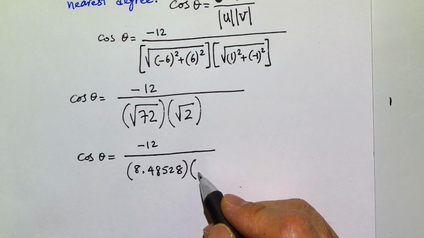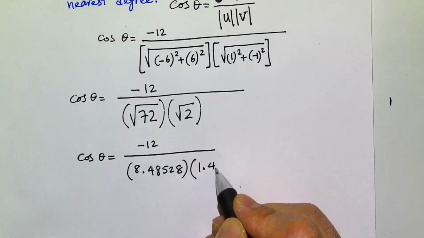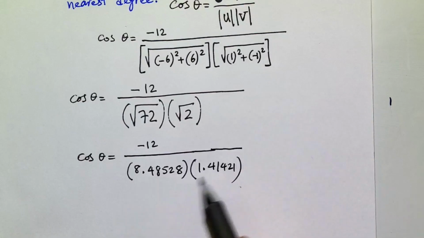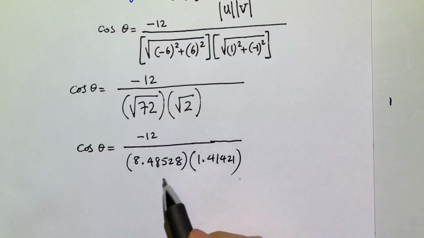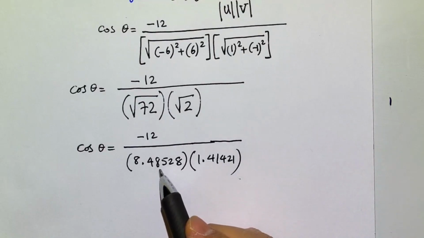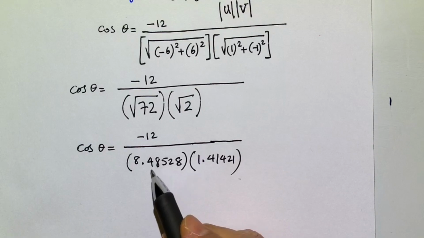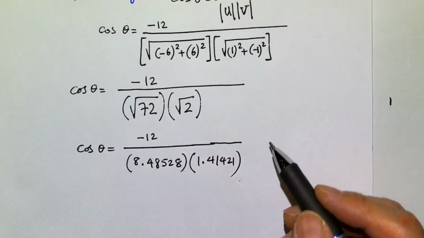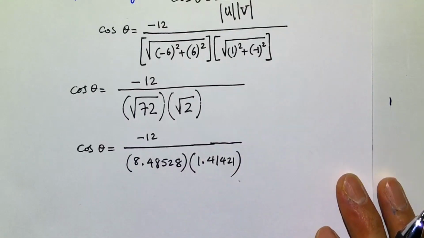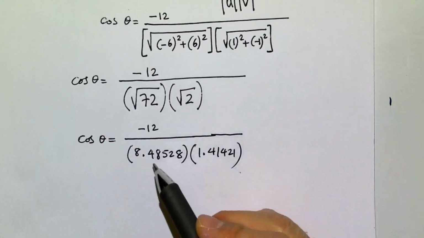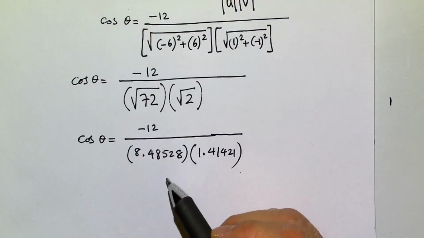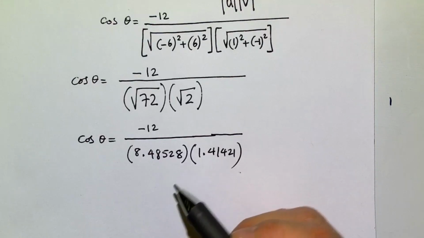Times the square root of 2, which of course is an irrational number. In between my calculations, I usually keep up to 5 decimal places. I don't want to round these numbers too early because my final answer will turn out to be very different than the actual answer. So I think keeping it to 5 decimal places keeps the calculations fairly accurate.